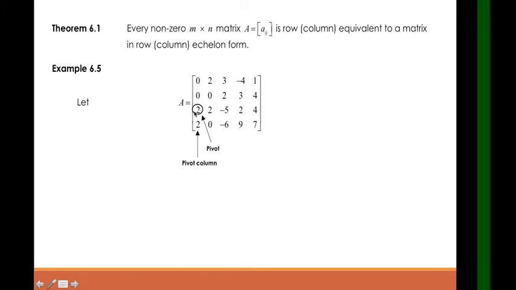Yung leading dito, ang tawag dyan is pivot. And then, yung sa baba, pivot column ang tawag sa kanya. Ito, pivot column, itong nasa baba. Okay, siya yung parang pivot column. So, pivot is the leading term.